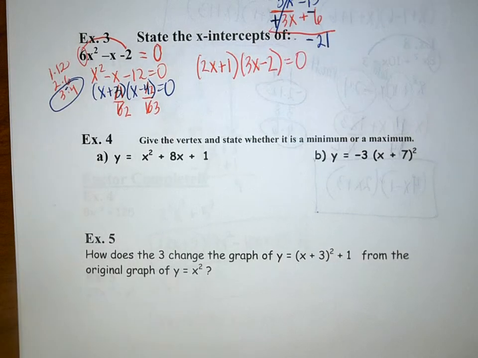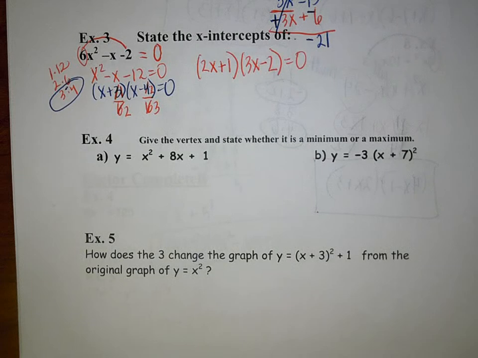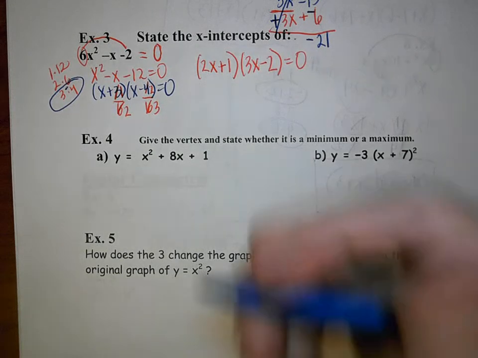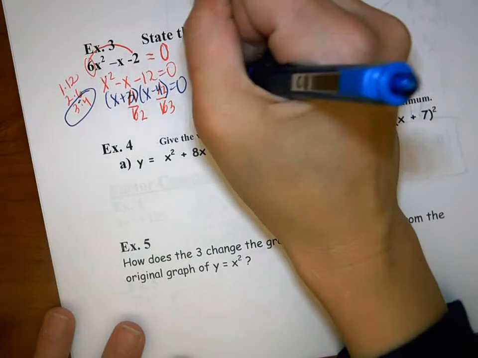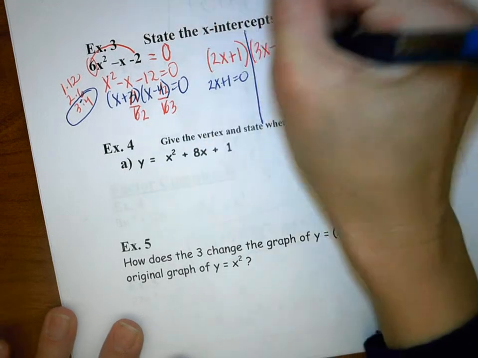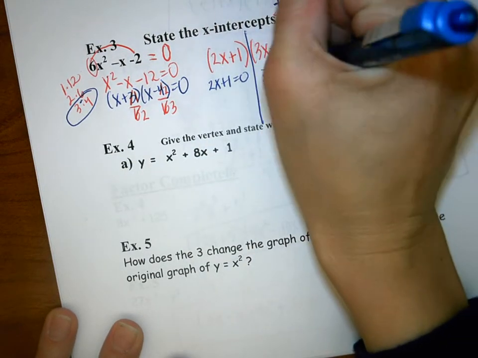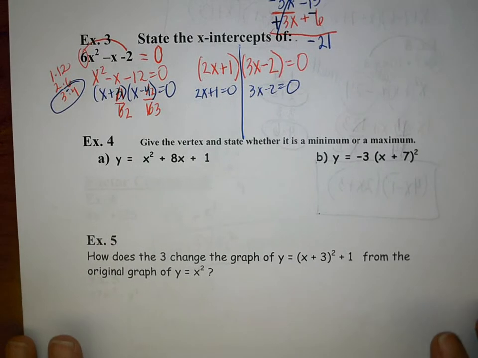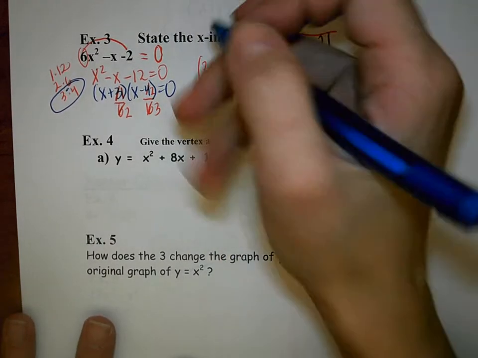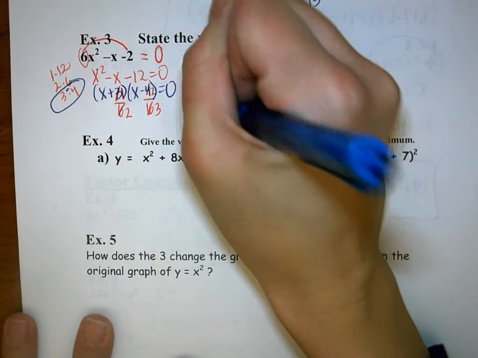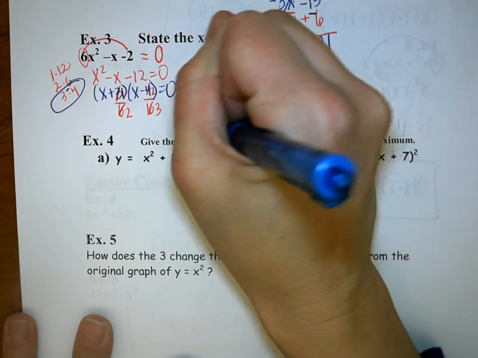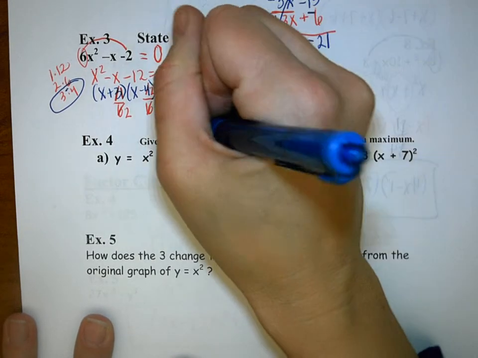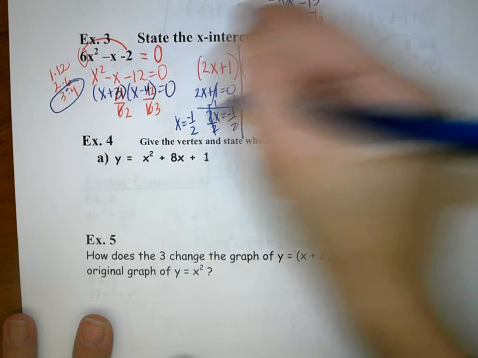All right, equals 0. Then what do I do? So we have 2x plus 1 equals 0, and 3x minus 2 equals 0, and you will solve each of those. So when I solve this side over here, I subtract 1, 2x equals negative 1, and I divide by 2 to get x equals negative a half.